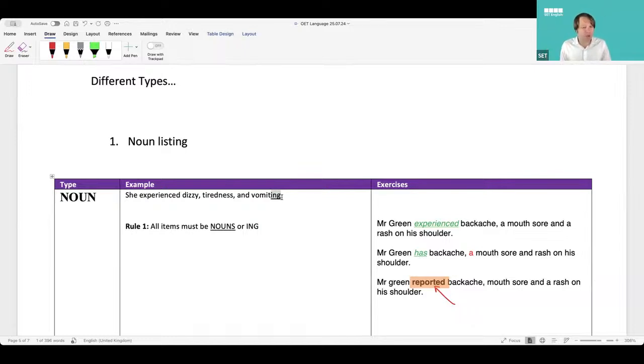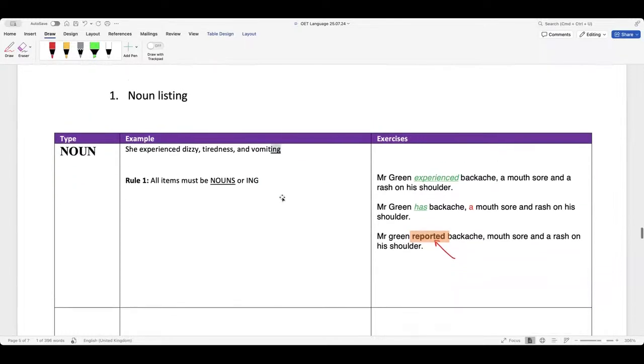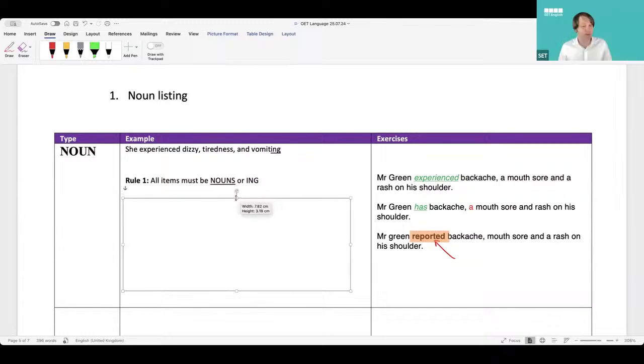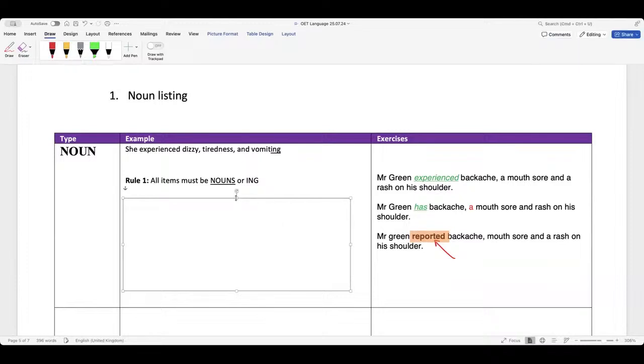I gave you two rules yesterday. Yes, the other rule, as I remember, is that the ideas should be in accordance with the verb. For example, we can experience dizziness, but there are some things that we cannot experience.